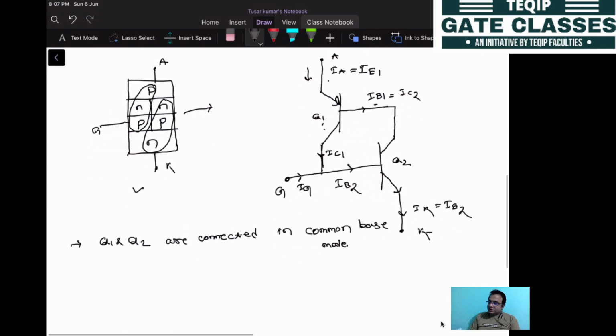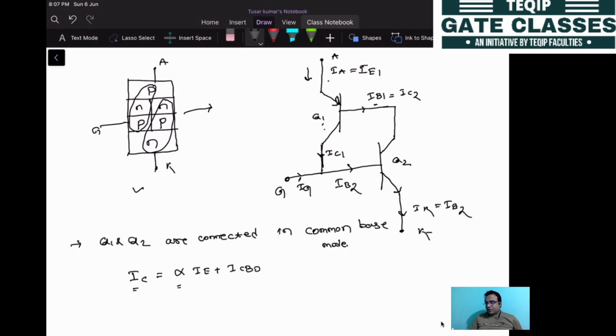So for the first transistor, you might know that in a common base connection, the collector current will be equal to alpha into IE plus ICBO. Okay, that is the concept of transistor. So this is nothing but the collector current.